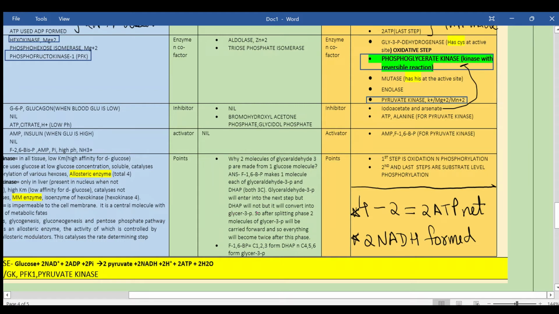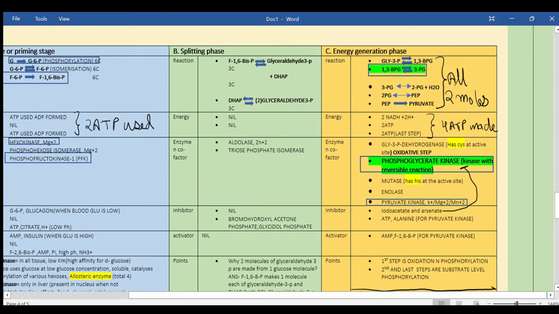So after the splitting phase, two molecules of glyceraldehyde 3-phosphate will be carried forward, and so everything will become twice after this phase. So this phase is very important because DHAP is ultimately converting into two molecules of glyceraldehyde 3-phosphate, and this will actually work for further steps, not DHAP.